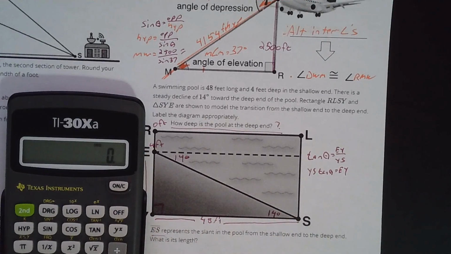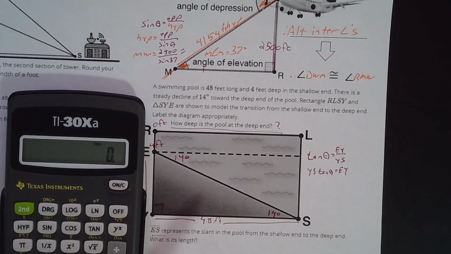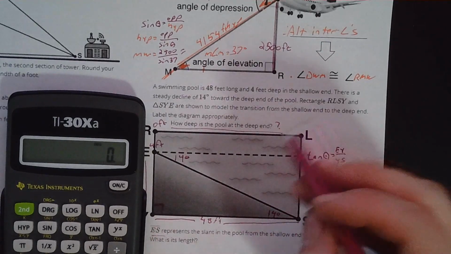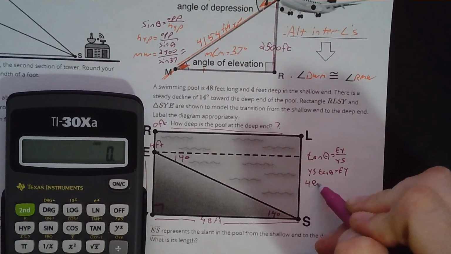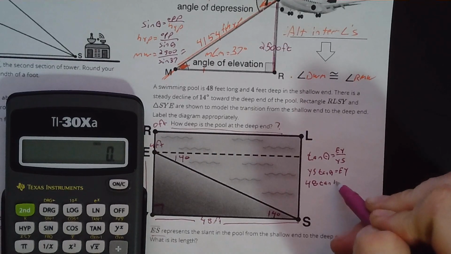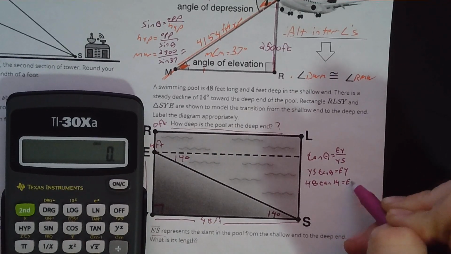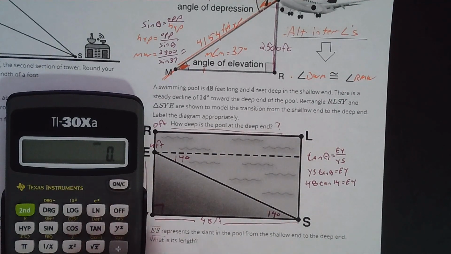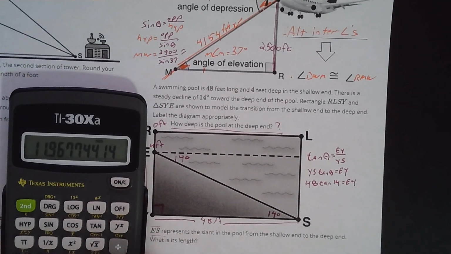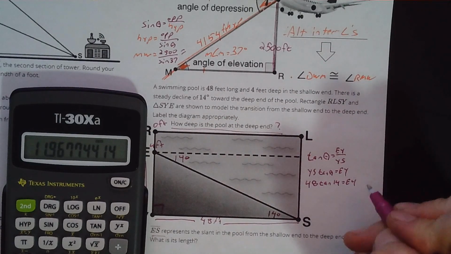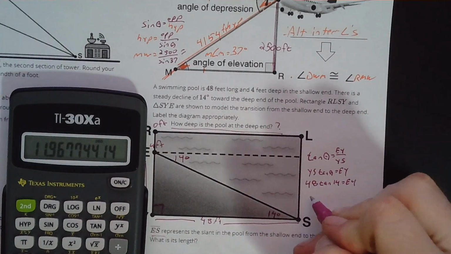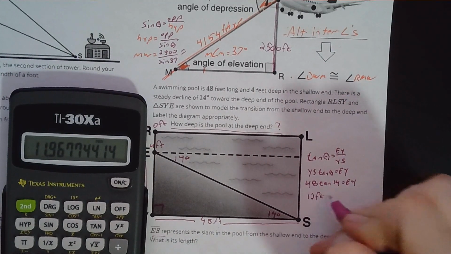All right, so the tangent of 14 degrees, so it's going to be 48 times the tangent of 14 equals EY. Okay, so 14 tangent times 48 equals, we're going to say 12. 12 feet equals EY.